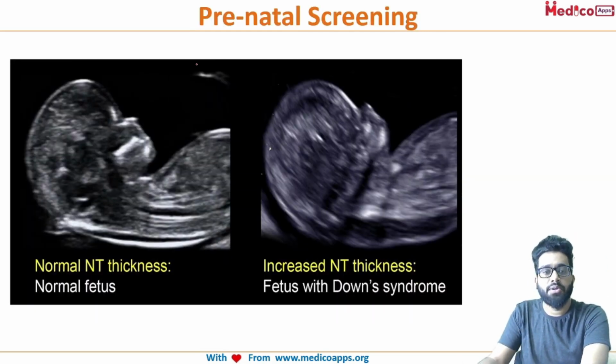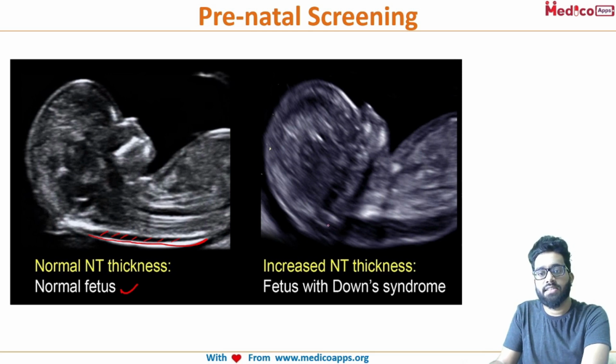I was talking about nuchal translucency. This is a normal fetus, wherein there is a normal thickness of the nuchal tissue with normal fluid here, in the posterior aspect of the neck. So this is a normal thickness.